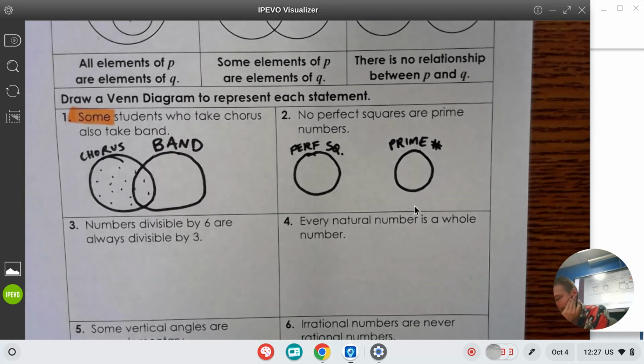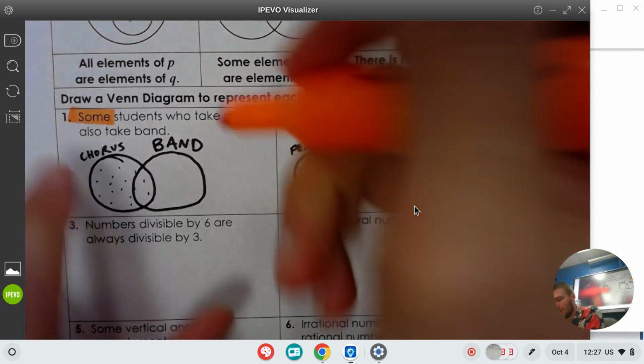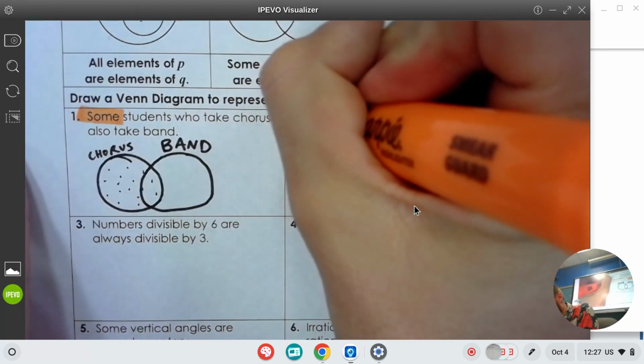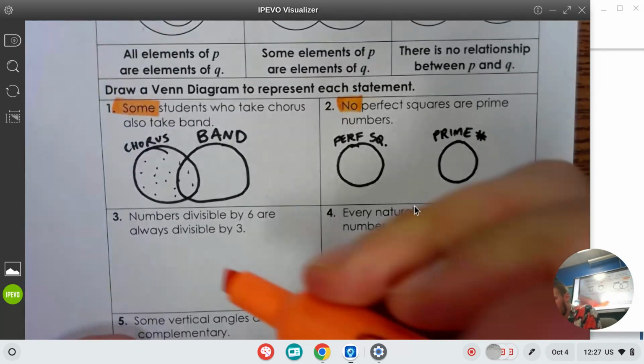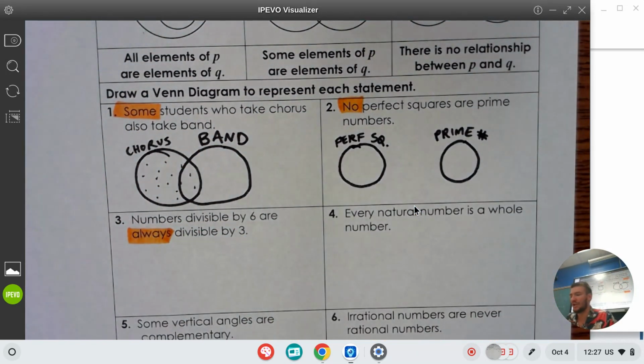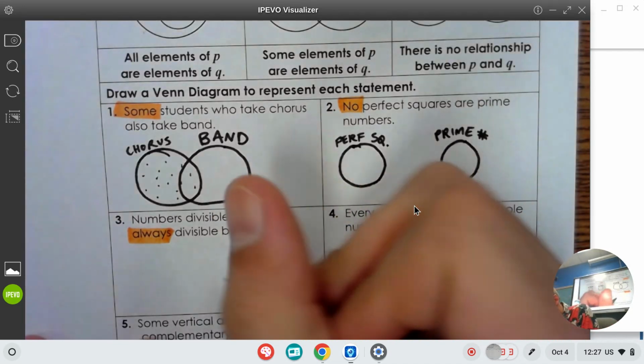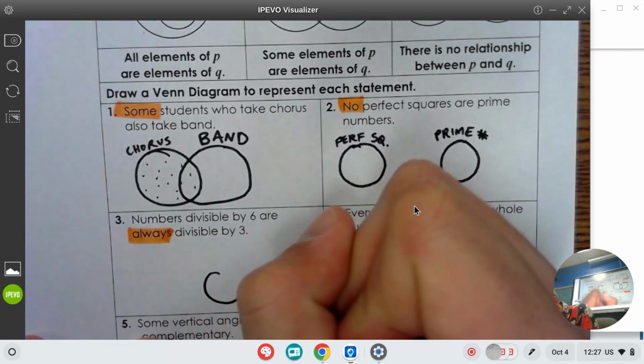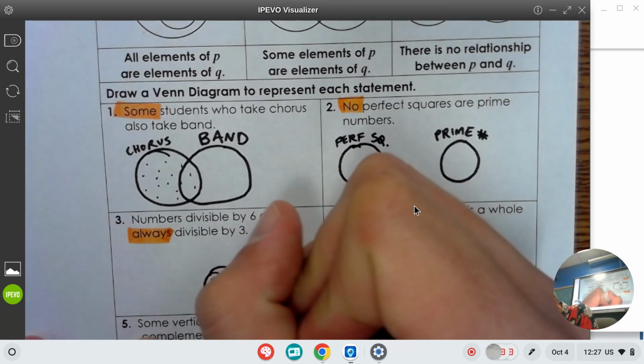Number 3. I imagine that we're going to get our third example here, but let's see. Numbers divisible by 6 are always divisible by 3. So again, look for these important words like some, like no or none, and here we have the word always, which is a good indicator that numbers divisible by 6, that's the first thing that they've given us, okay?